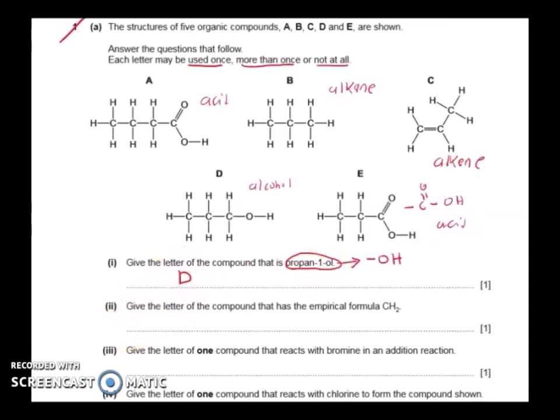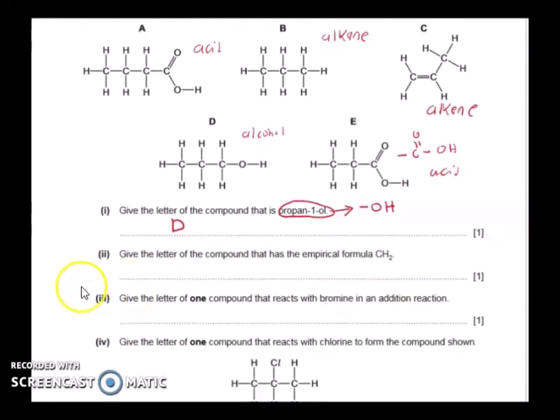Okay, now move on. Give the letter of the compound that has the empirical formula CH. So here they have CH only, so there is no O. So not A, not D, not E. Your answer will be either B or C. If we take this, C3 and H8, we cannot simplify this.